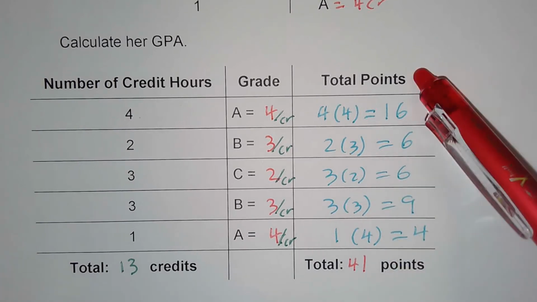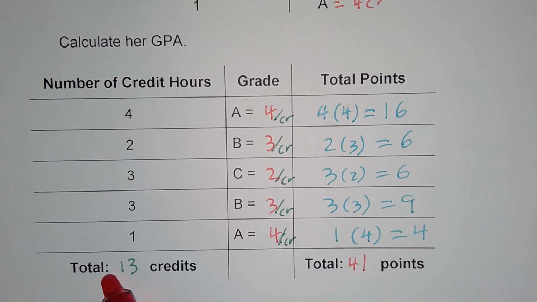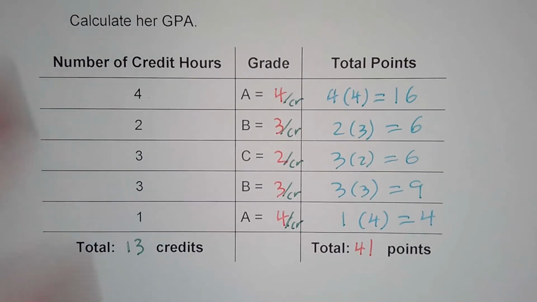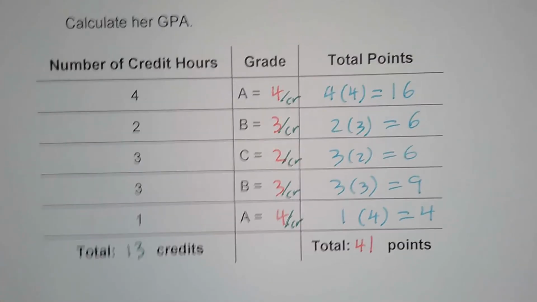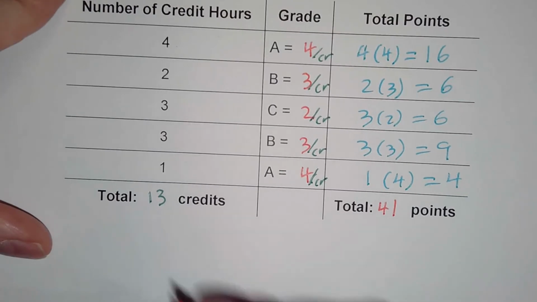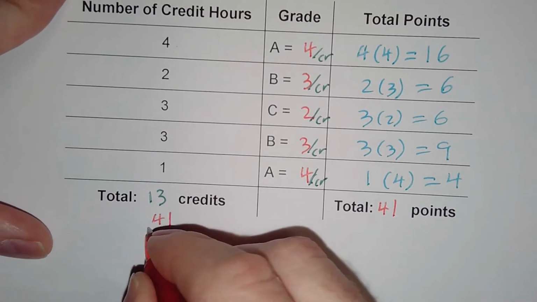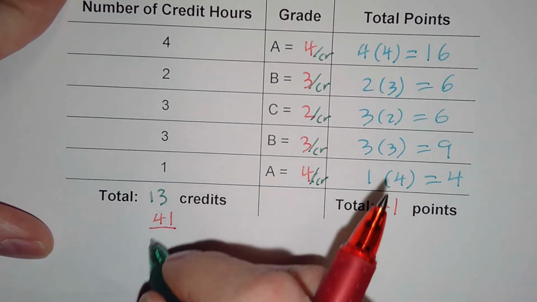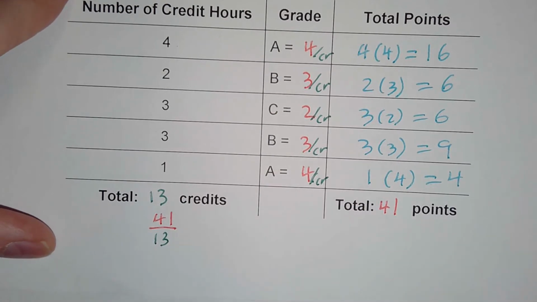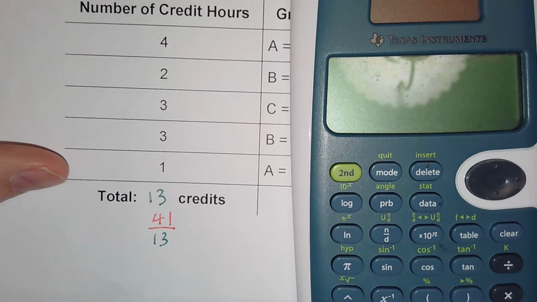So we're going to take the total number of points and divide by the weights. So we'll take this 41 divided by 13. And that should give us a pretty ugly looking number.